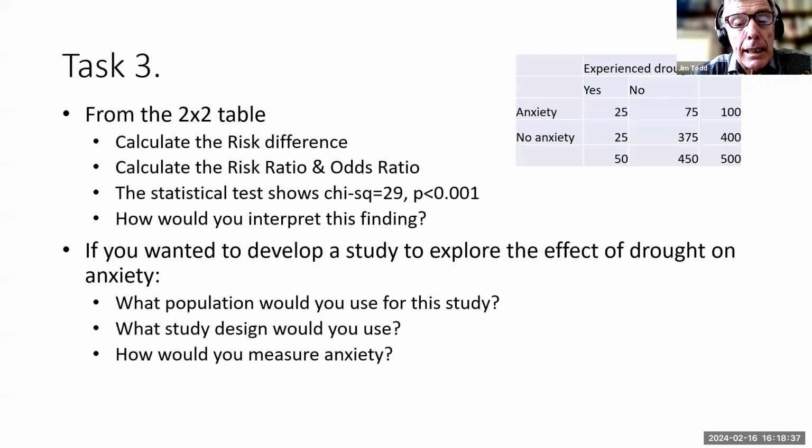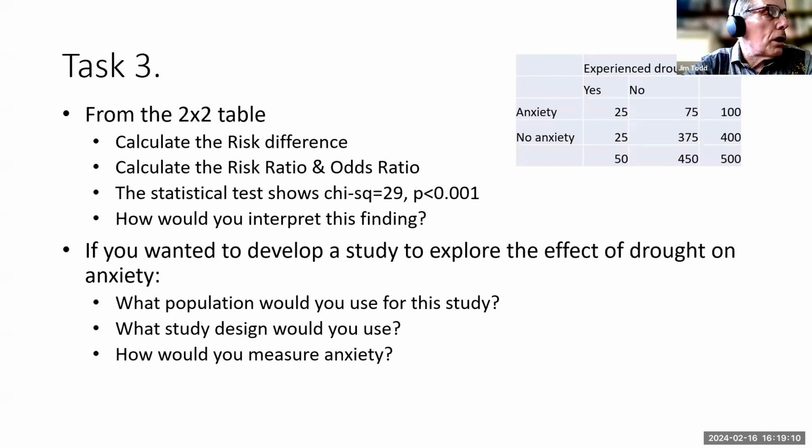Both of these are going to be highly significant because the value of 29 from a chi-squared distribution with 1 degree of freedom is going to be very, very small. It's going to be less than 0.05. So we're going to have a significant test here. We're going to have a significant difference in the anxiety between those who experienced drought to those who didn't experience drought, because the chi-squared value here is way bigger than you would expect from the 5% significance on 1 degree of freedom.